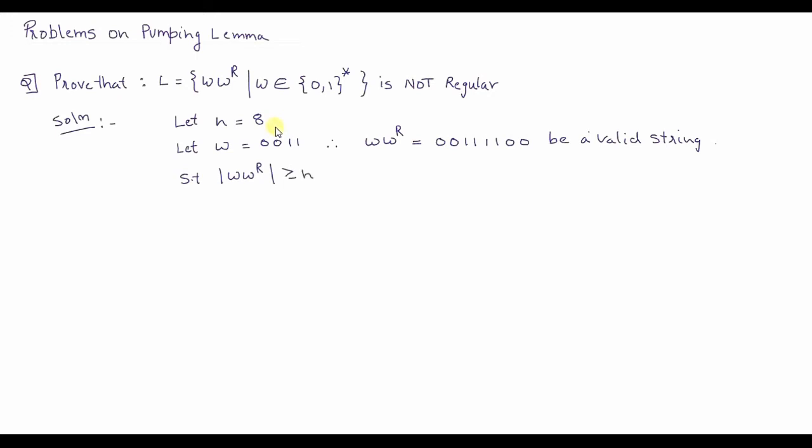Why? Because the length of this string is 1 2 3 4 5 6 7 8. The length of this string is 8 and n is 8. So although it is not greater than n, it is equal to n, so it satisfies the condition greater than or equal to.